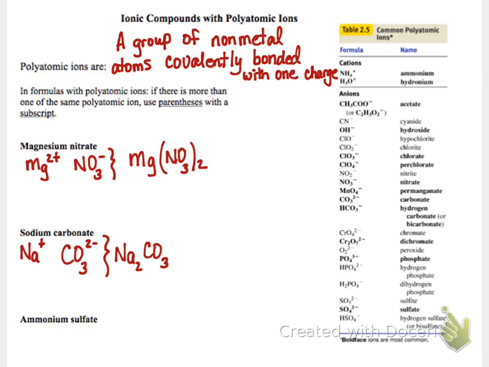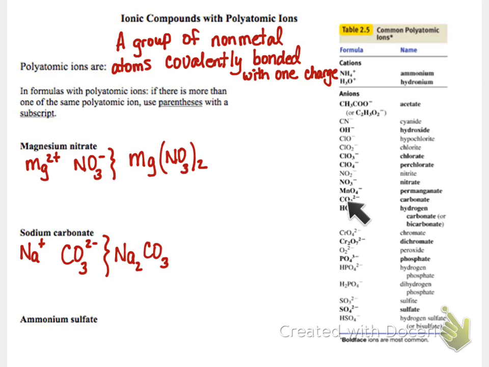Okay, sodium carbonate. Sodium is the same sodium, +1. Carbonate is a polyatomic, CO3, and it has a -2. We can see carbonate over here, CO3, that's the group together.